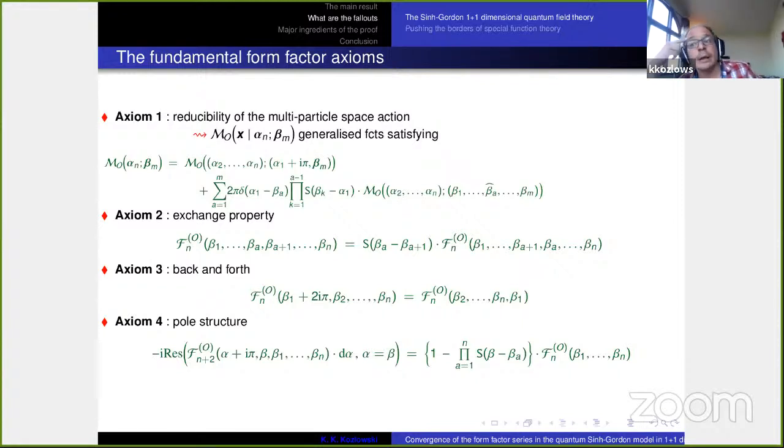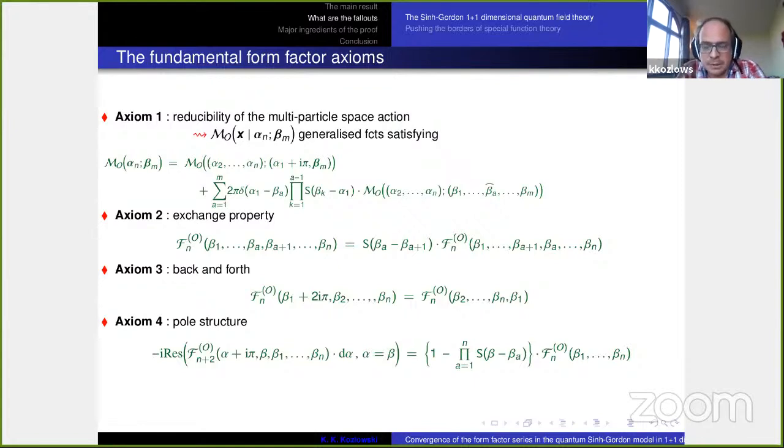But still, one has to stress the amount of time and effort it took to actually formulate those axioms. Some of the axioms appeared quite naturally, and these are the axioms which were proposed by Karowski and Weisz. But then it took something like 6 years of very heavy calculation and analysis for Fedor Smirnov to finally identify the other appropriate axioms for fully characterizing the kernels in the general case.